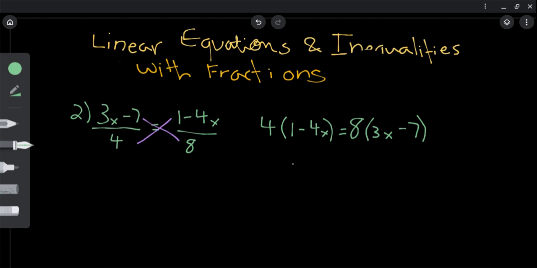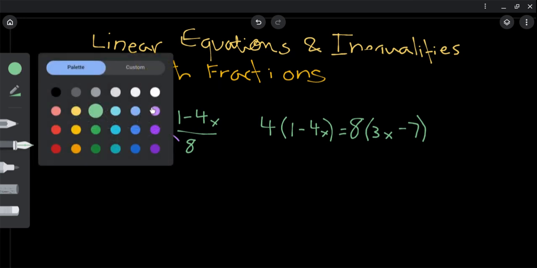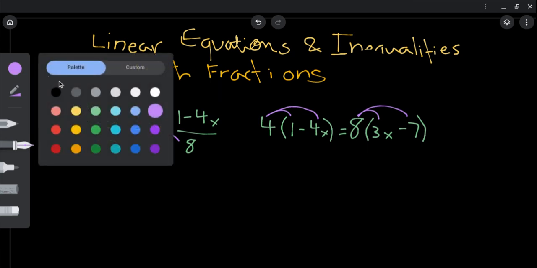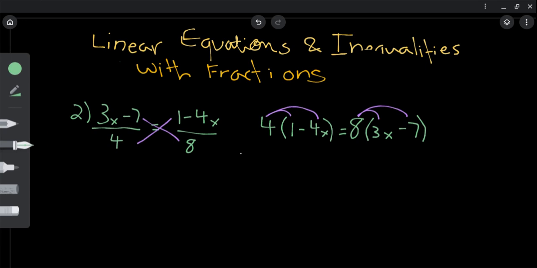And what we're going to do next is expand the brackets. Okay, so you know the drill. We're going to multiply the numbers inside the brackets by the number outside them. So 4 times 1 is 4. 4 times negative 4 is negative 16, and then the x, obviously.